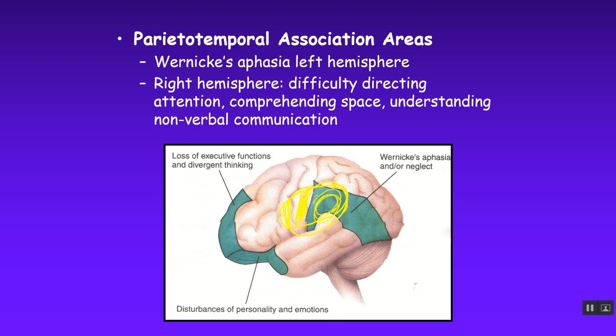And they will be unaware that they have a problem on the left side of their body, to the point where they think their left side is somebody else's body. When they go to get up and walk and fall on the floor, they believe somebody else tripped them, and they perceive their leg as somebody else's body, and they literally get mad at this person. Why does this person keep getting in the way?